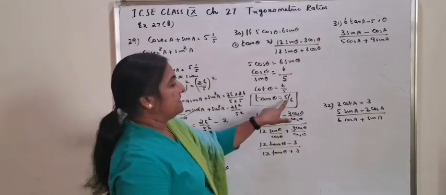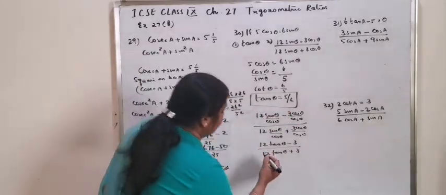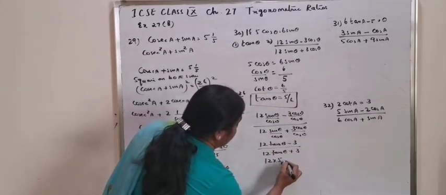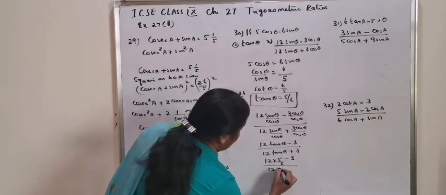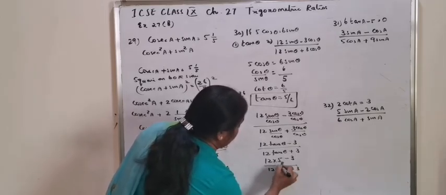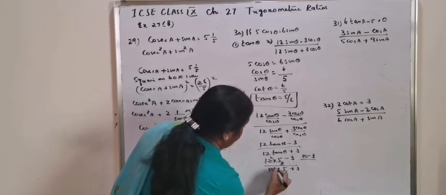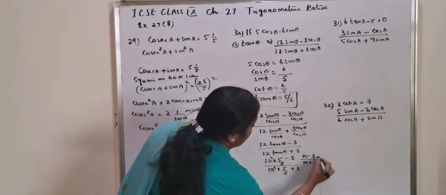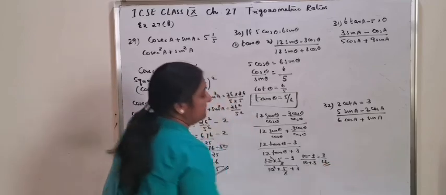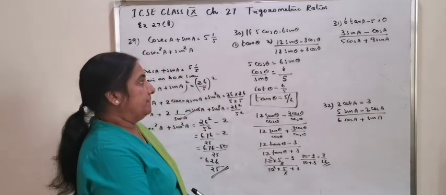The value of tan theta is 5 by 6. So 12 into 5 by 6 minus 3 by 12 into 5 by 6 plus 3 is 10 minus 3 by 10 plus 3, and the answer is 7 by 13.